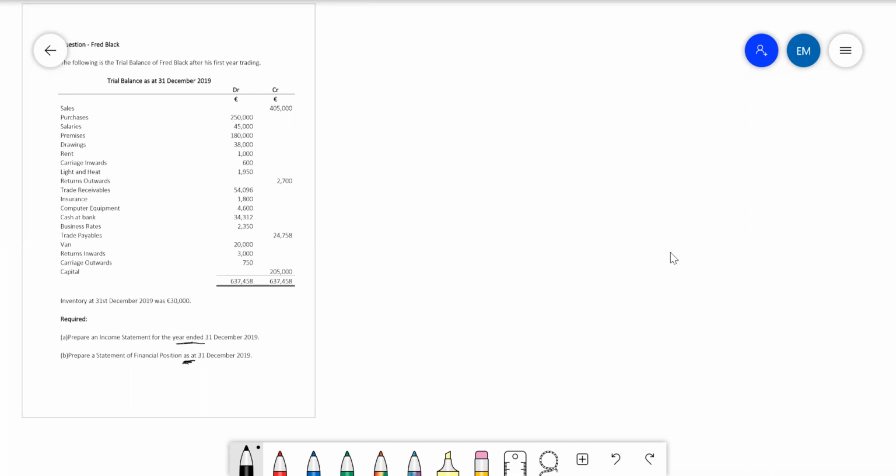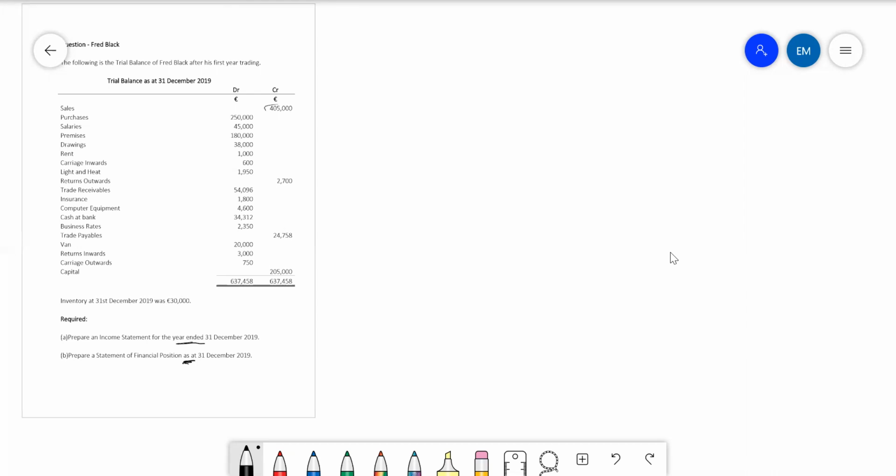Assets, liabilities and capital appear in the statement of financial position. Income or expenses appear in the income statement. So first of all, I'm just going to go down through the classifications.